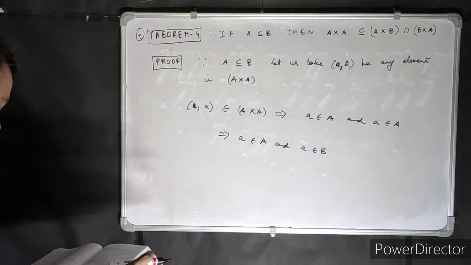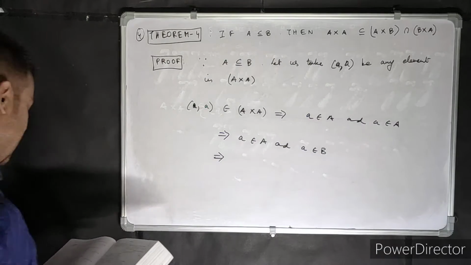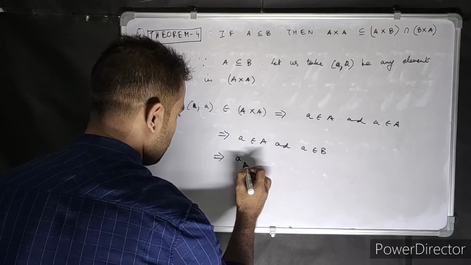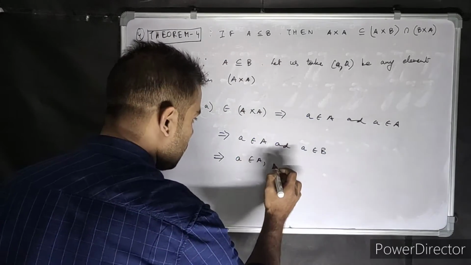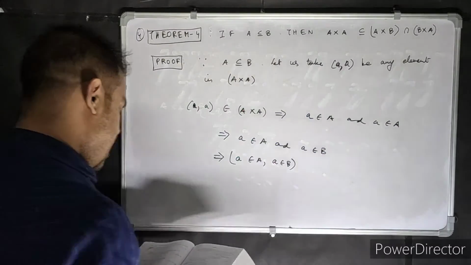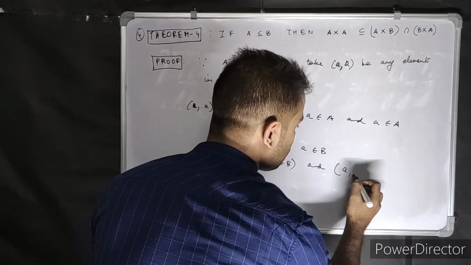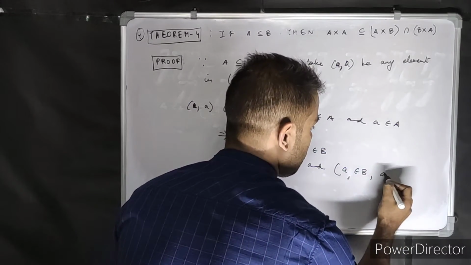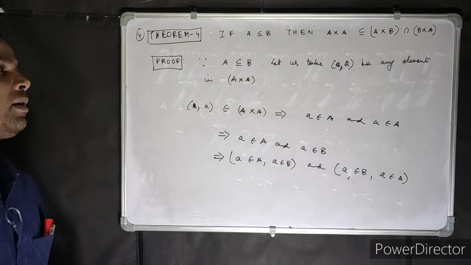So now look very carefully. This implies that a belongs to A, comma, a belongs to B, and a belongs to B, comma, a belongs to A. Why?